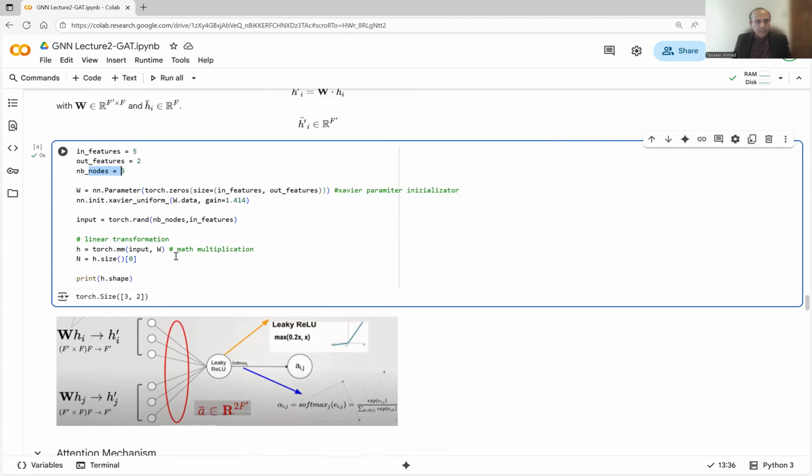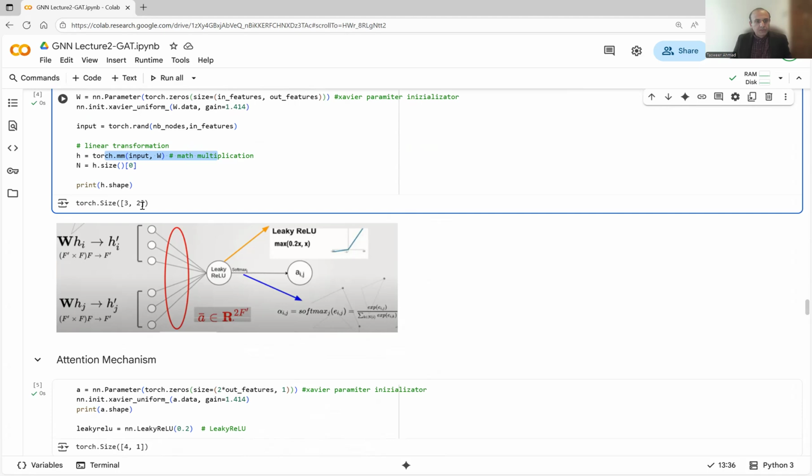This is the initializer, and the Xavier initializer is used. We introduce random nodes, and we apply a matrix multiplication on it, and after the transformation, the input node features get a feature dimension of 2. Initially they have a feature dimension of 5, but after the transformation they have 2. The feature dimension of each node becomes 2.